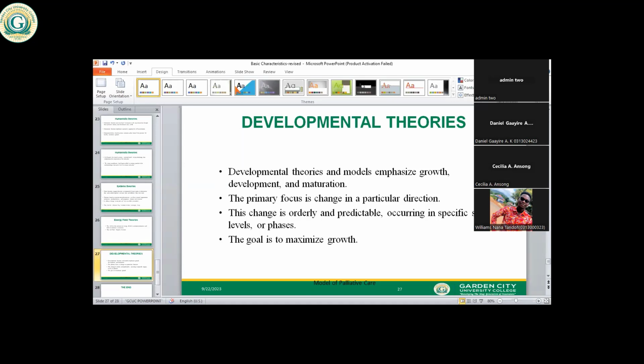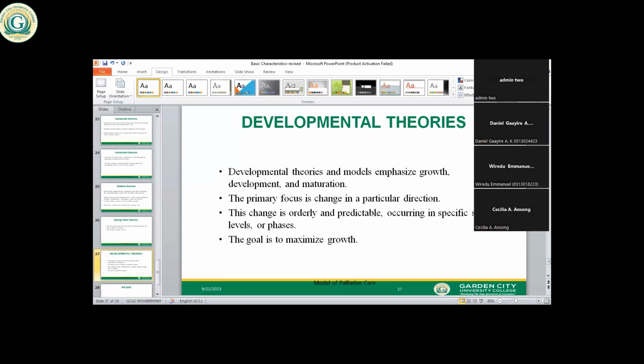Talking about developmental theory, can anybody mention any theories that we usually think of when we mention developmental theory? Mr. Emmanuel Redu. Please, Erik Erikson and then Jean Piaget. Thank you. So we have Erik Erikson, Jean Piaget.